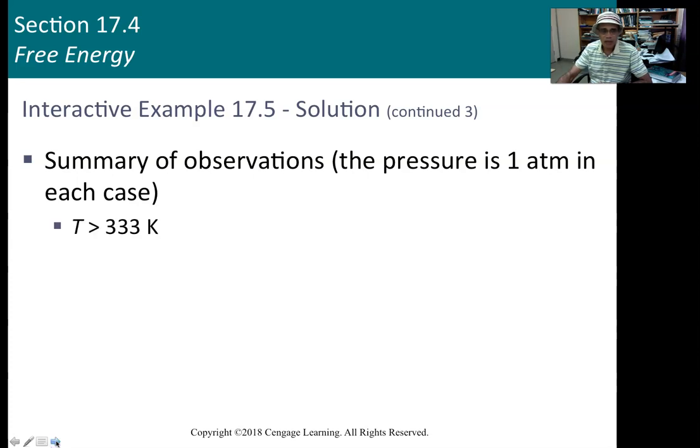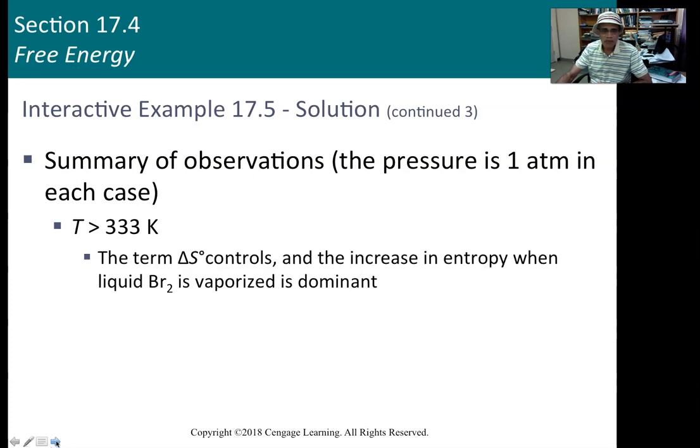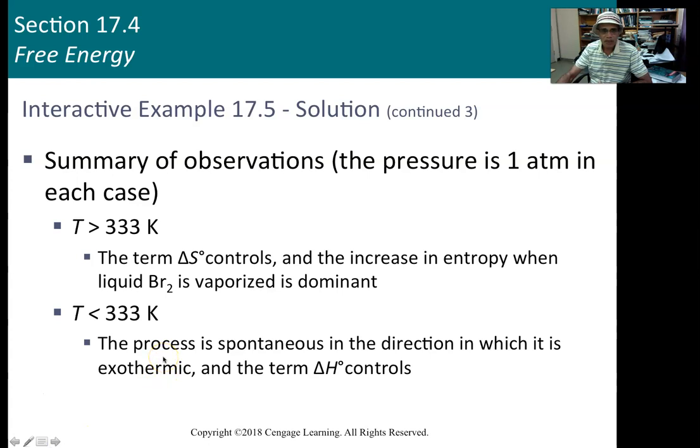So in summary, at a pressure of 1 atmosphere, at temperatures greater than 333 Kelvin, delta S controls, and the increase in entropy when the liquid bromine is vaporized is dominant. So this is a spontaneous process. Below 333, the process is spontaneous in the direction in which it is exothermic.